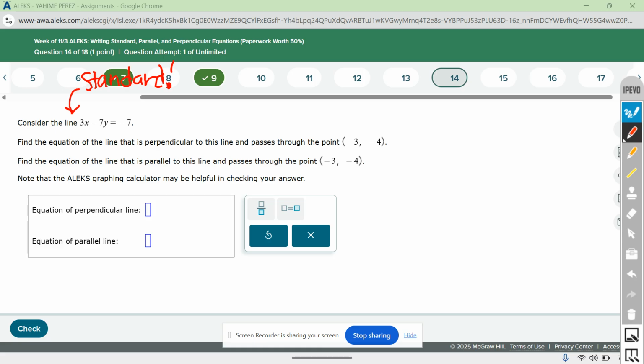Does not tell us slope. Okay, so what we have to do is go from standard to slope-intercept, right? And there's 2 steps, unfortunately.